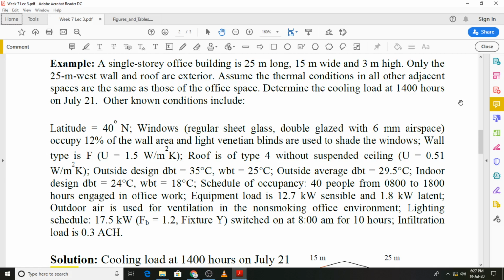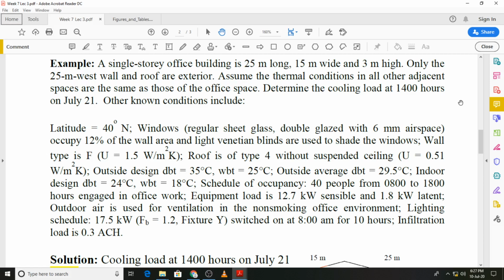So that is the problem statement. You are given the size of the building, and it's an office building, and we are told that in this particular building only two of the surfaces are exterior, that is the roof and a wall that is facing the west direction.